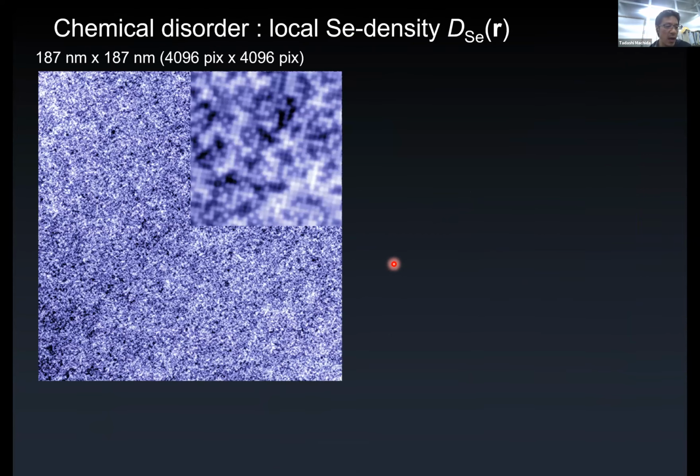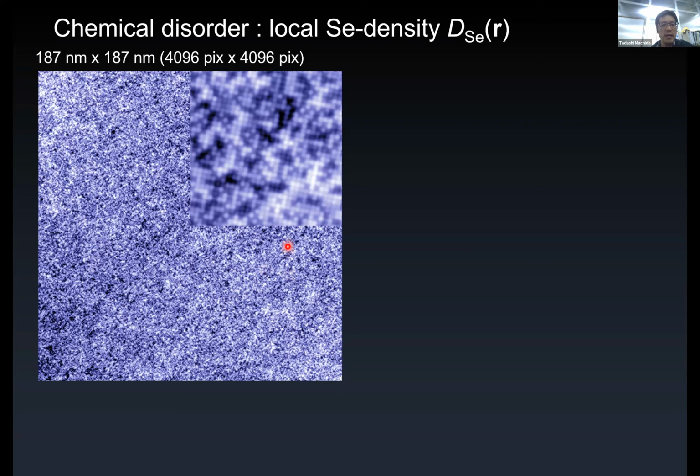So before showing the experimental results in the magnetic field, I'd like to show you how disordered this material is even without magnetic field. This is a typical topographic STM image taken on the cleaved surface of the selenium-doped iron telluride on a 187 nanometer square field of view. We can see the very flat, atomically flat surface without any excess iron impurities.